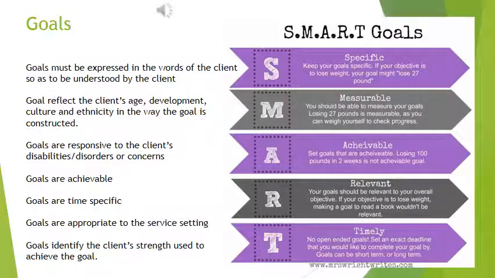Determining service plan goals. The client ultimately determines the goals. However, the case manager uses his or her interviewing skills to help guide the client towards a goal that's achievable and pertinent to the diagnosis and the particular stage of change. Goals are individualized. This means that they're specific and they're applicable to the client's needs and abilities.